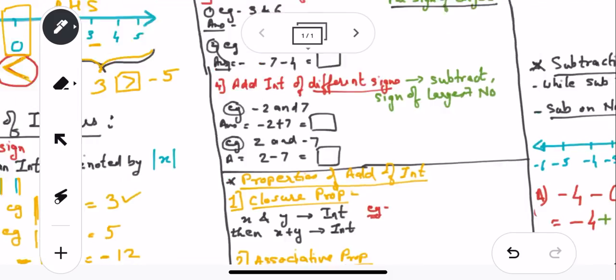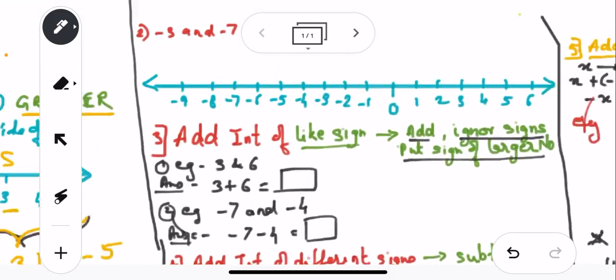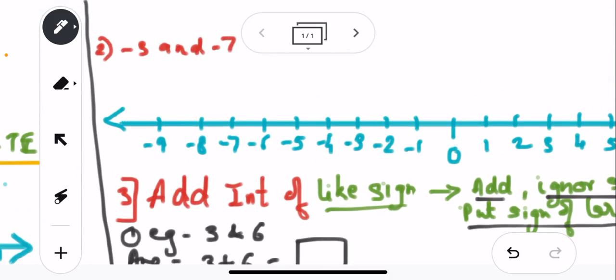Now here let us see, if both the numbers are negative, how will you start? Here it is minus 3, so we will start from minus 3. Now we have to go minus 7, so we have to go to the left hand side.